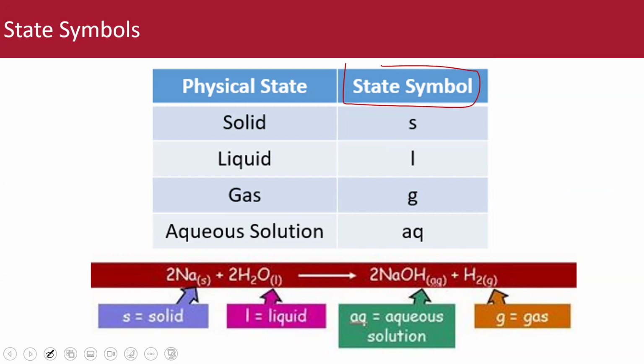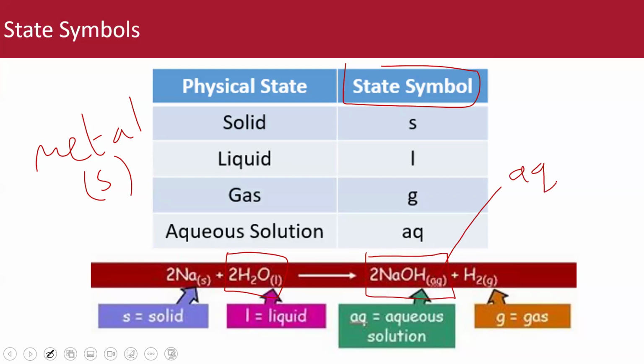So if you're given an equation, you need to think about what there could possibly be. If it is a metal, chances are it's going to be a solid. If it's water, which is probably the main one, it'll be a liquid. There are very few that come up that are liquids. If it is an ionic compound of some sort, the chances are it's going to be aqueous, so that'll be dissolved in the water.